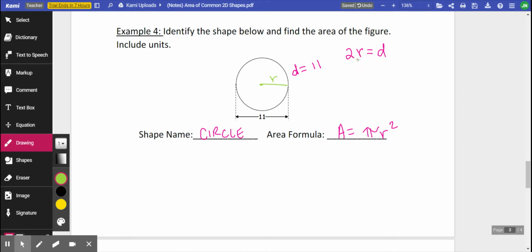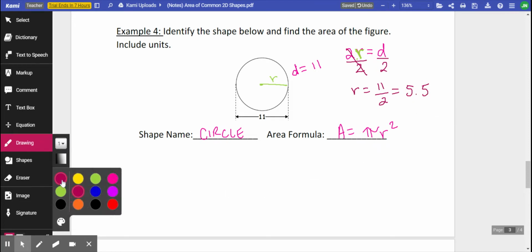So if you want to find the radius, all you have to do is take the diameter and divide it by 2. Or if you want to do this by solving this equation, if you divide by 2 on both sides, you get r is equal to the diameter divided by 2. So essentially, r is equal to the 11 divided by 2. And if you take 11 and divide it by 2, you get 5.5. So in this case, the radius is 5.5.